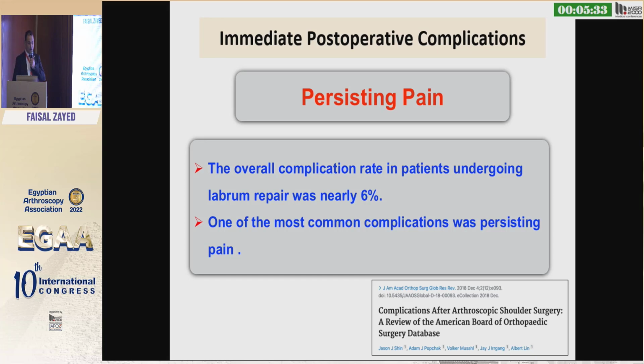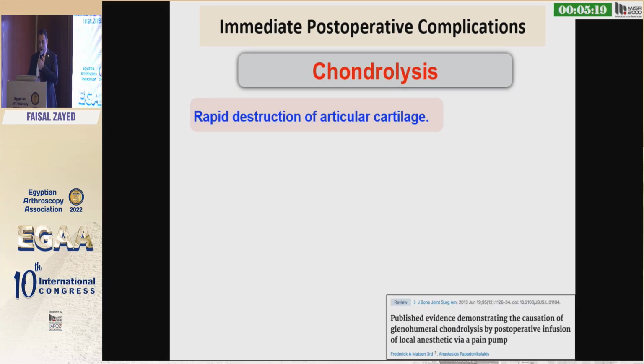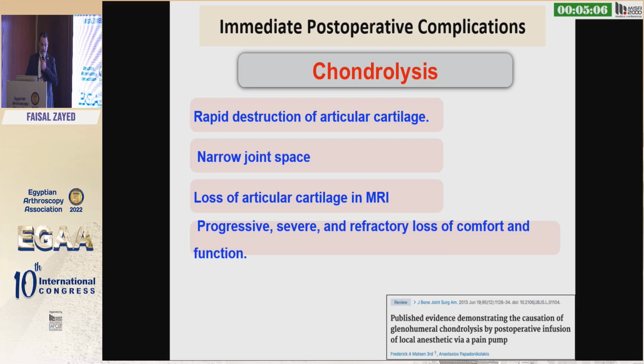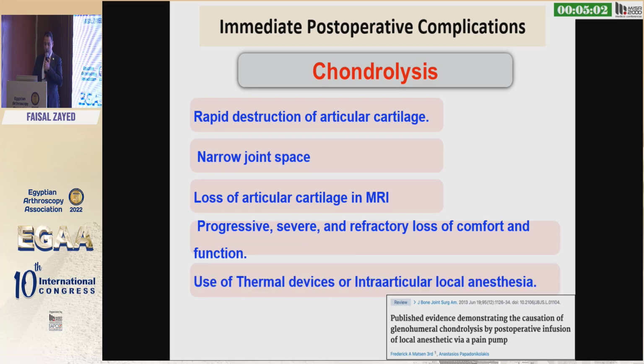Persisting pain: the overall complication rate in patients undergoing labral repair was nearly 6%, and one of the most common complications was persisting pain. Chondrolysis is characterized by rapid destruction of articular cartilage, and radiology shows narrow joint space and loss of articular cartilage on MRI, characterized by progressive, severe, and refractory loss of comfort and function.